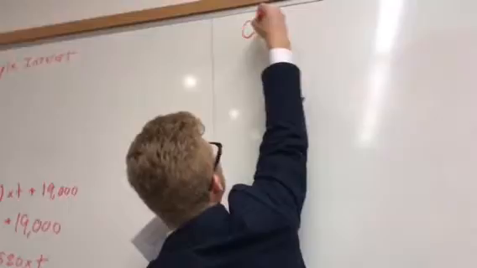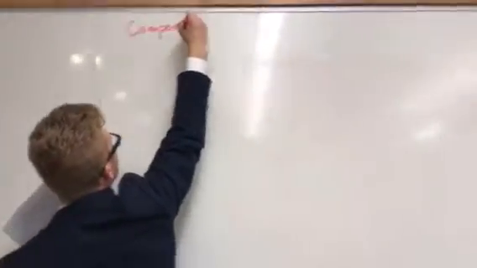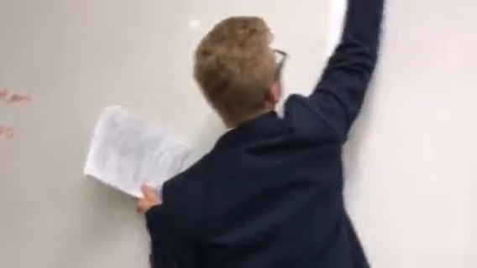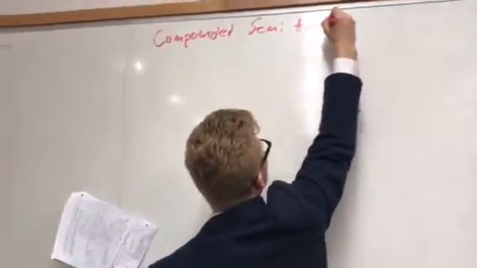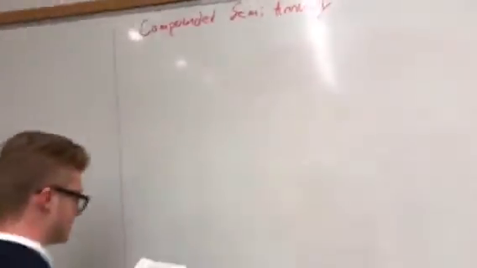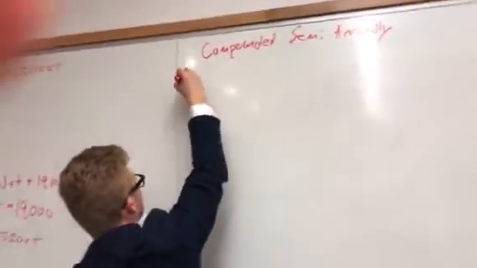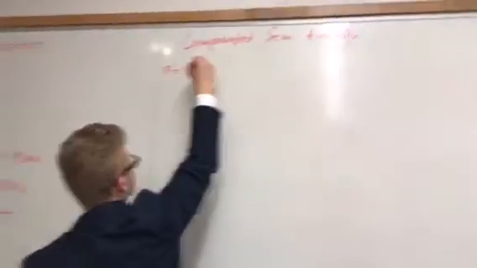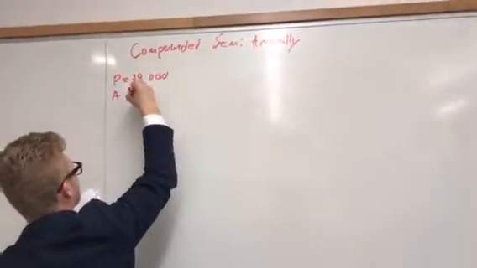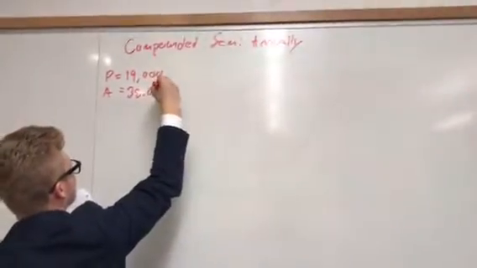And now I will do compounding semi-annually. So now I'll just start by doing the variables for the terms again, which is P obviously being the same, 19,000, A being the same again, 38,000.